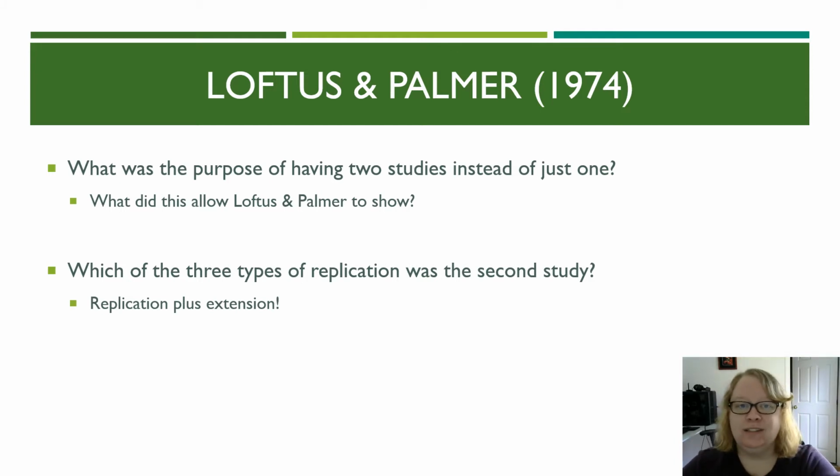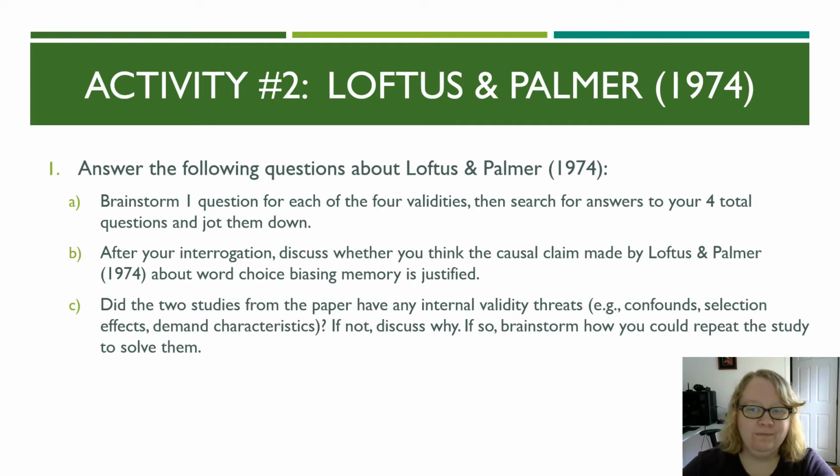They included this new additional variable, this new additional part of the study of whether people would remember there being broken glass or not. That was not in the first study. It was something new that allowed them to extend the original finding to find out something else that's interesting and new as well.